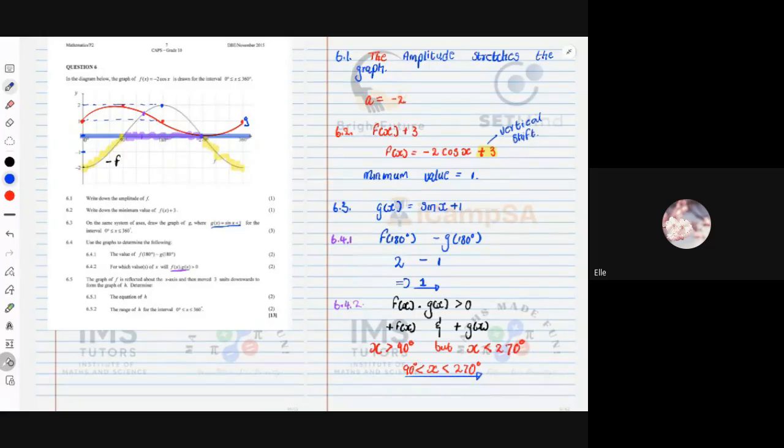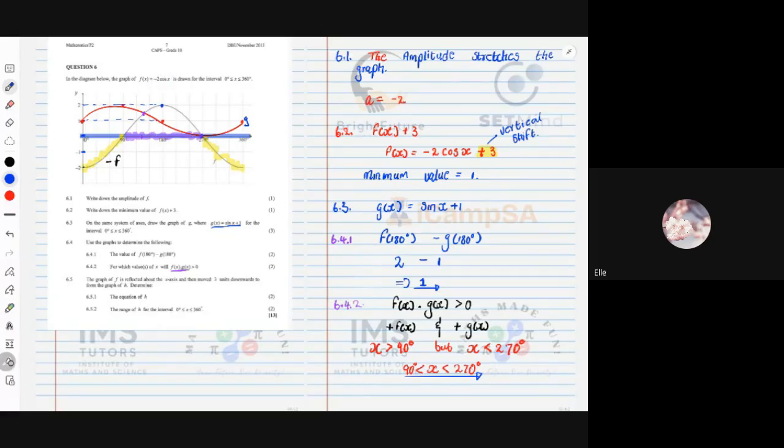That is your answer. Okay, so another thing, they say the graph of f is reflected about the x-axis and then moved 3 units downwards to form the graph of h. Determine the equation of h. So remember what we have learned before. When we are flipping a graph, we simply introduce a negative sign.